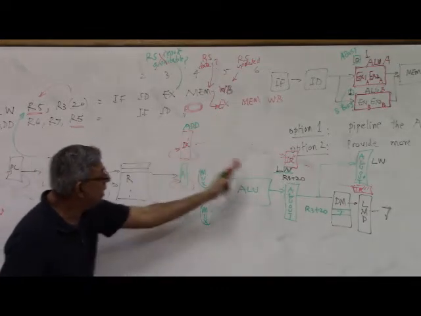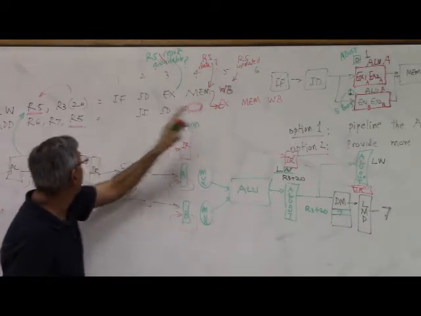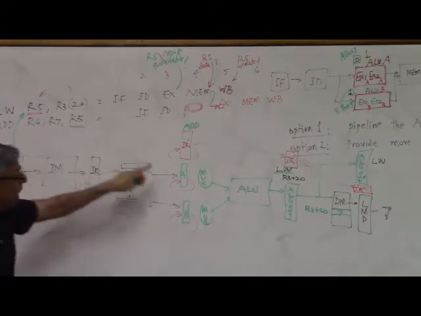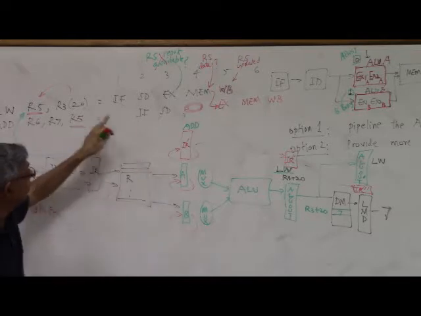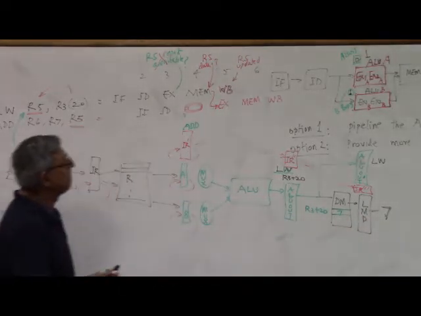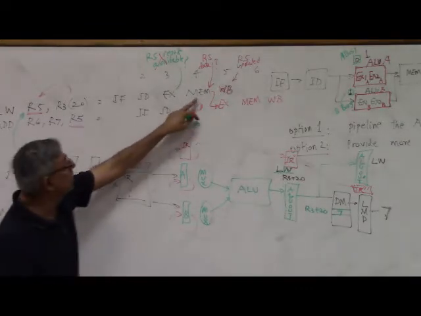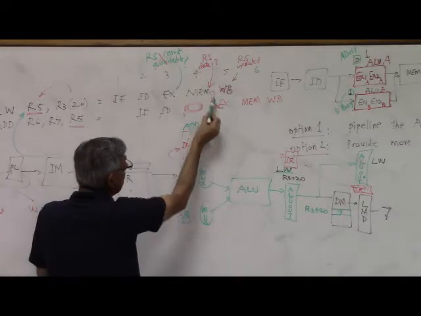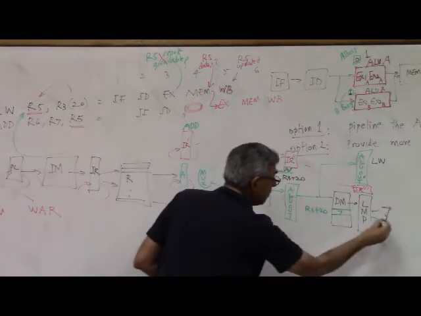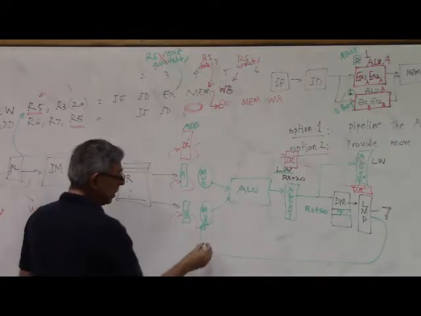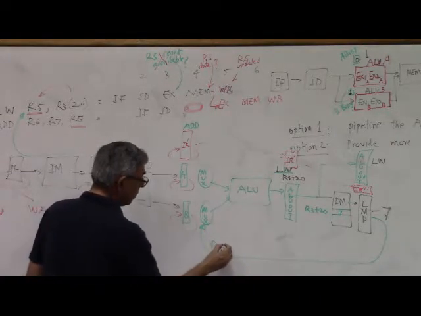But as add continues, which R5 should it pick from? Should it pick it from the B register, or from the LMD? LMD, because that's where the result was produced. So this forwarding is actually a feedback from here to here. This is our forwarding.